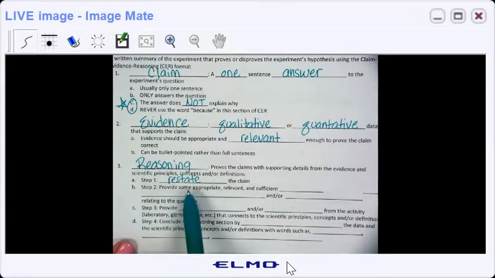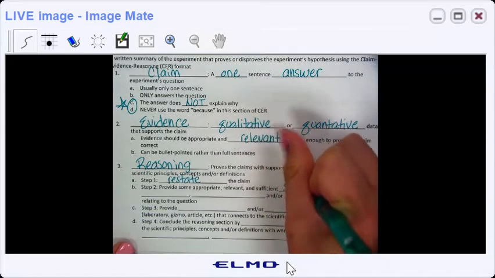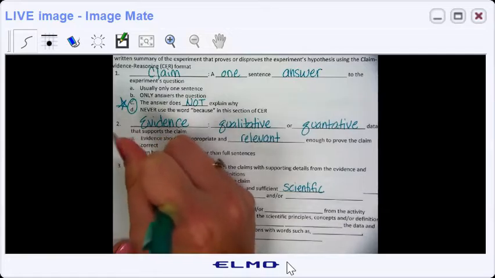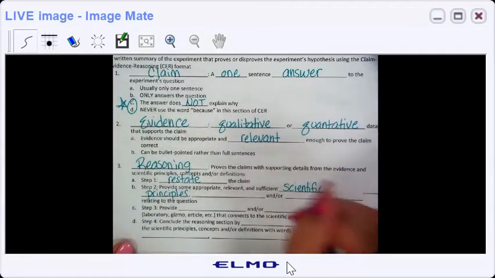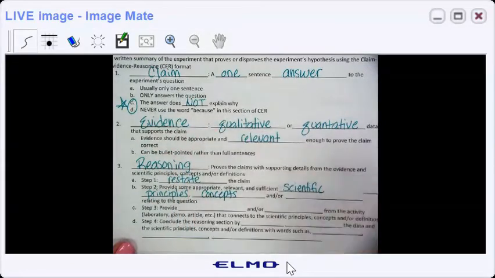Then you're providing some appropriate, relevant, and sufficient scientific principles, concepts, and or definitions.